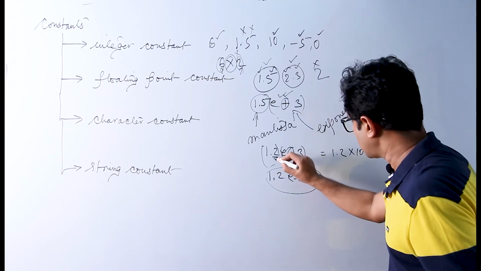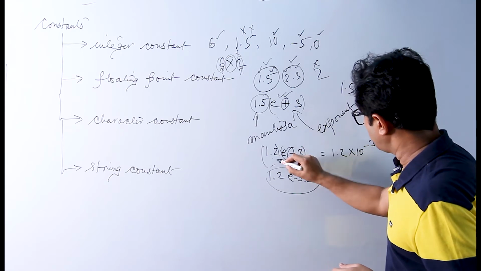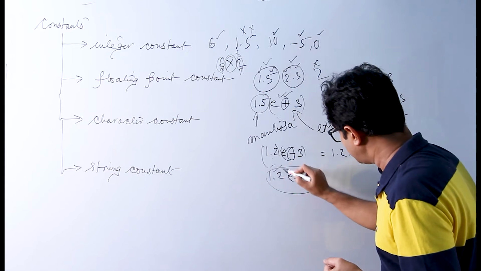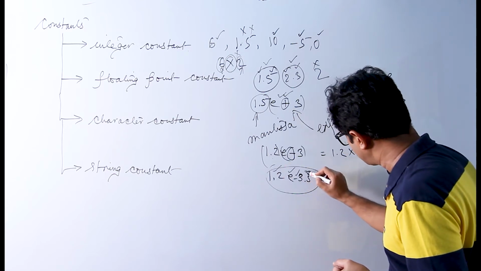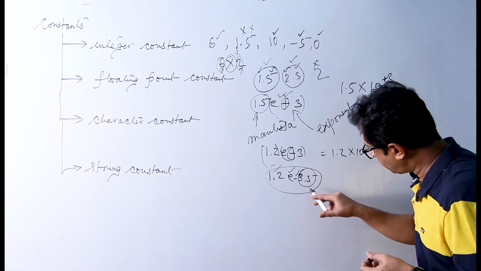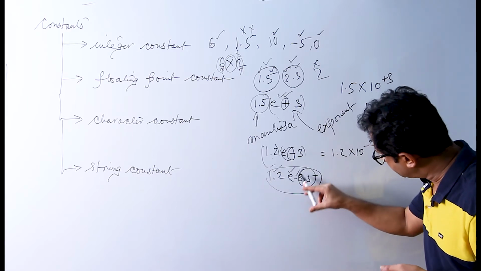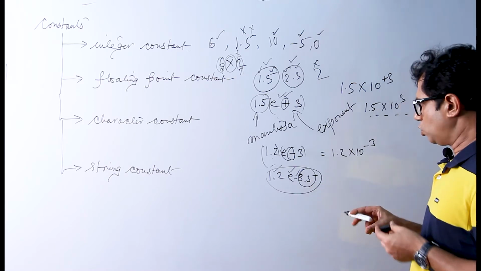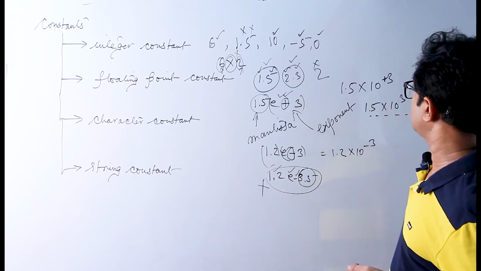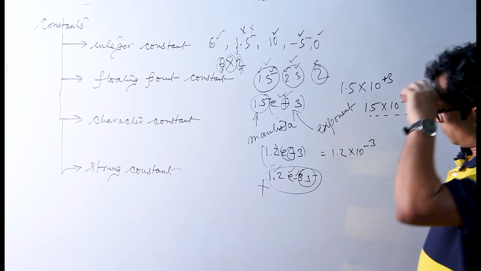We can have 1.2 e minus 3, 1.2 e minus 10, 1.2 e minus 2 or something like that, and these are valid, but for this part, the entire thing becomes invalid, because a floating point constant cannot have an exponent part containing a fractional representation like 3.5. So this is an invalid floating point constant.